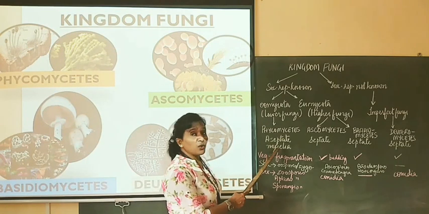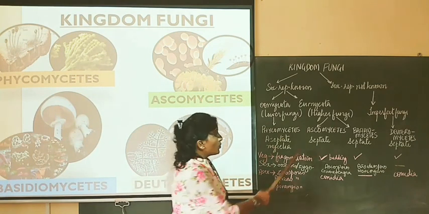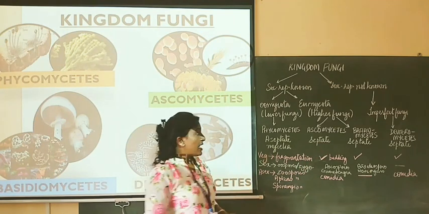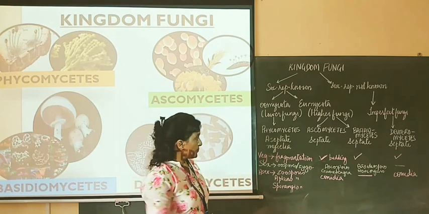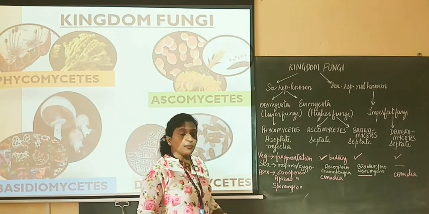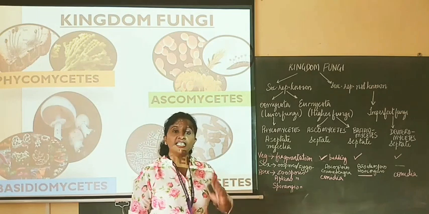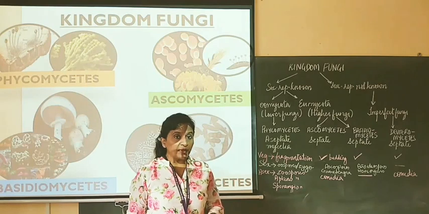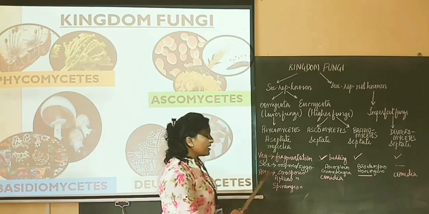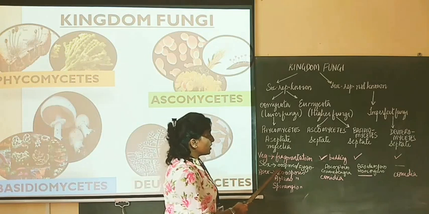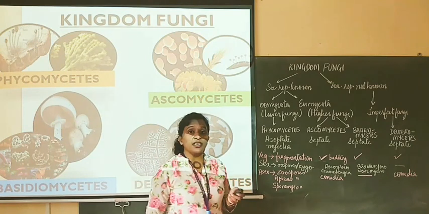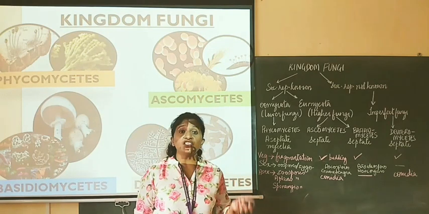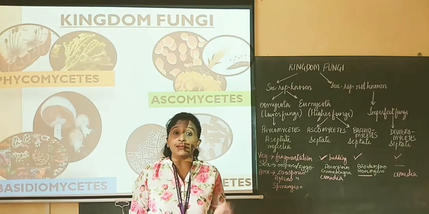We have seen Phycomycetes is aseptate, whereas all other three classes have septate mycelium. Vegetative reproduction occurs in all the classes, but in Ascomycetes there is budding too. For example, in yeast, budding takes place. Then sexual reproduction: in Phycomycetes there is production of oospores and zygospores, indicating gametangial contact and gametangial fusion.